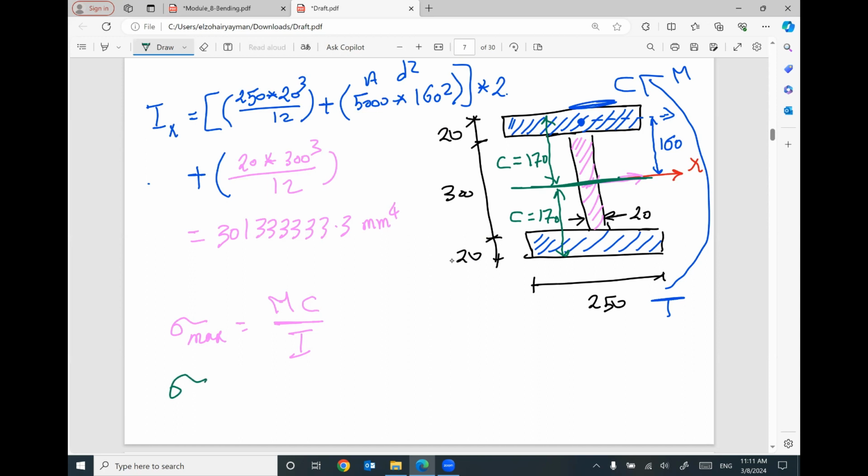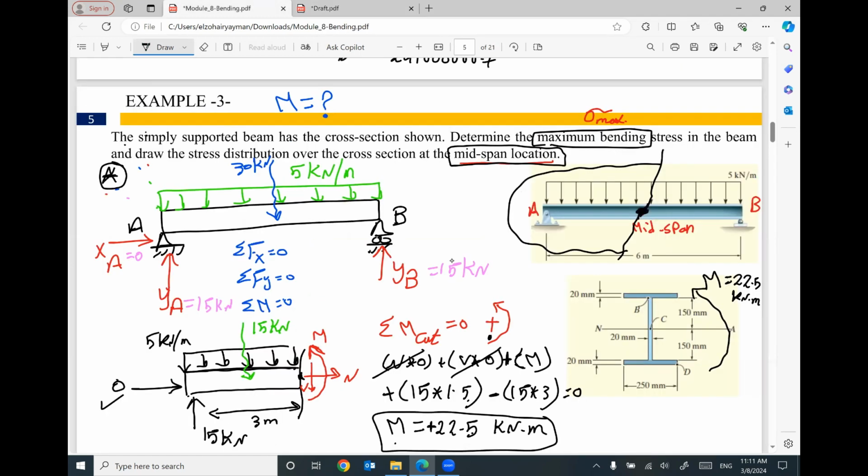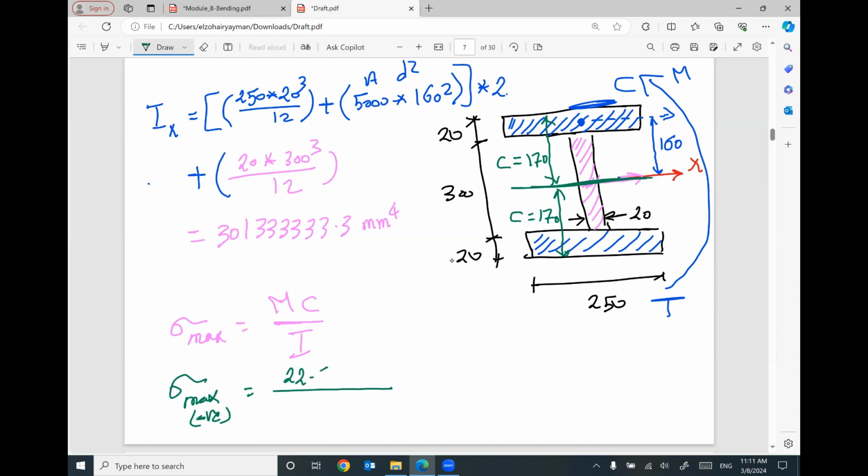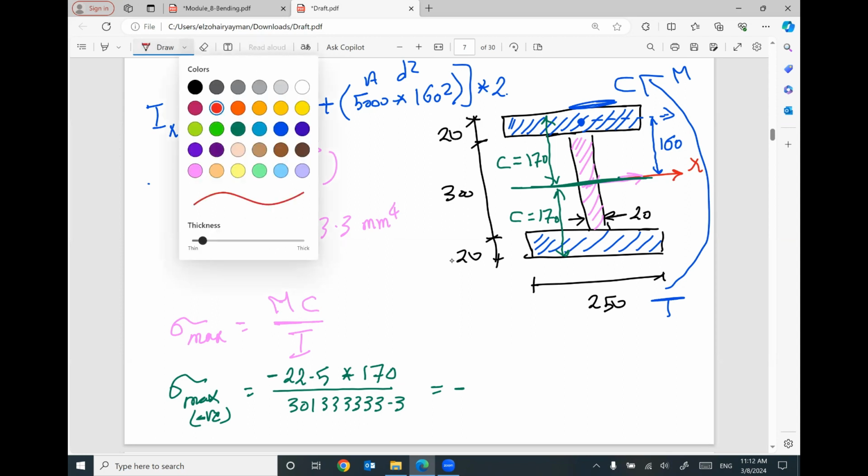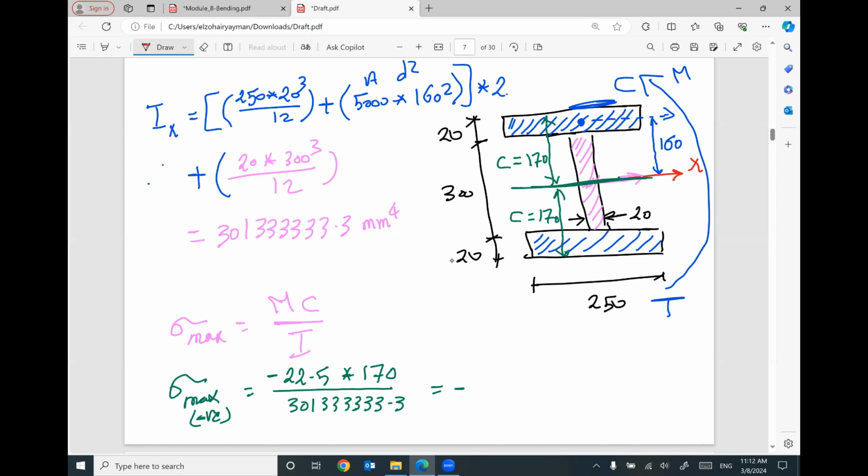So if you are looking for sigma maximum at the top, which is negative, it will equal the applied moment, 22.5, times C, 170, divided by I, 31,333,33.3. I can get the value of the bending stress, which is compressive stress. But keep in your mind, we have some adjustment because this moment is in kilonewton meter. So I will multiply it by 1000 to be in Newton, another 1000 to be in millimeter.